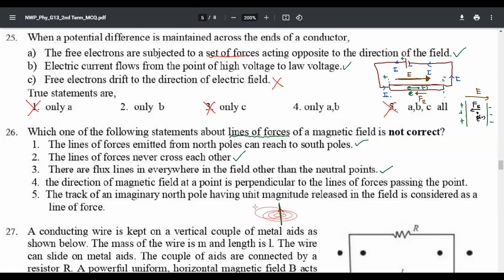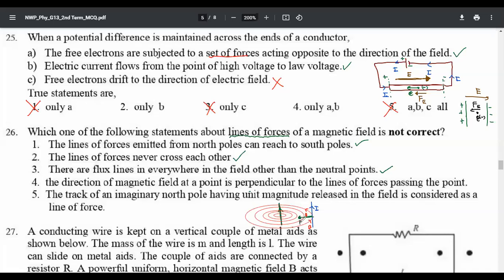And in that magnetic field, when you bring another wire, the wire will experience a force perpendicular to the field. Let's say it's carrying a current like this, and the direction of the magnetic field will be like this, B. The force will be in this direction, perpendicular to that.